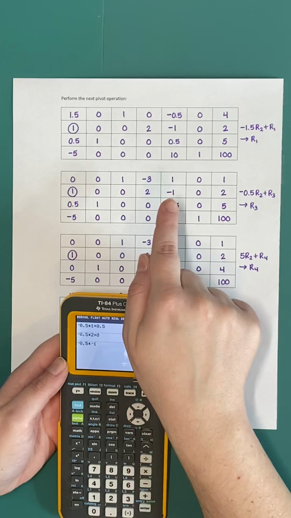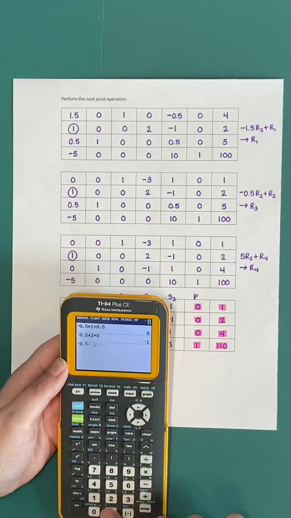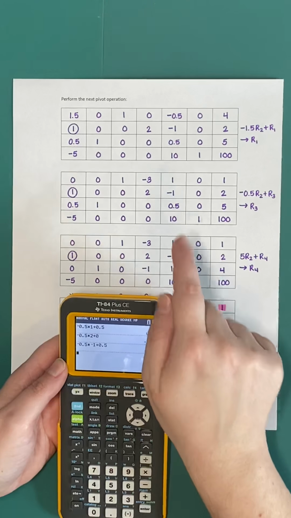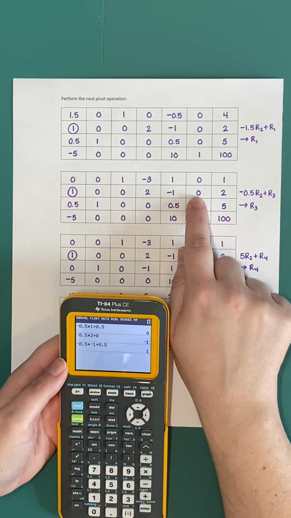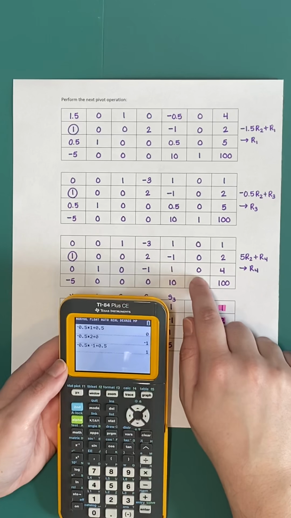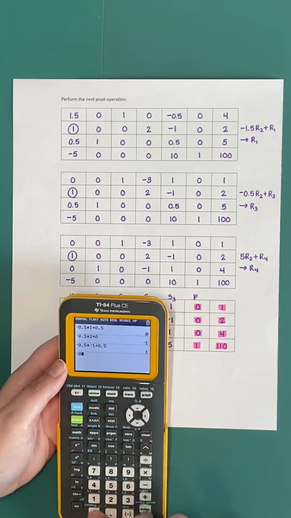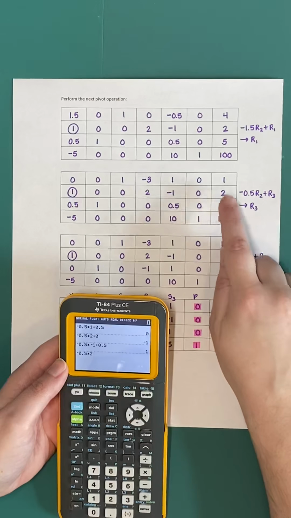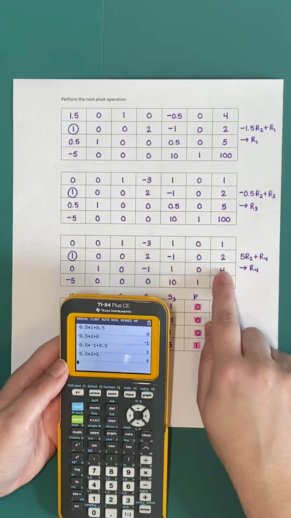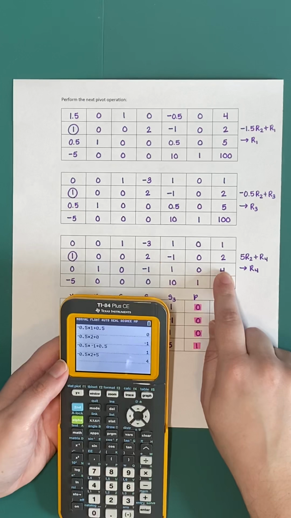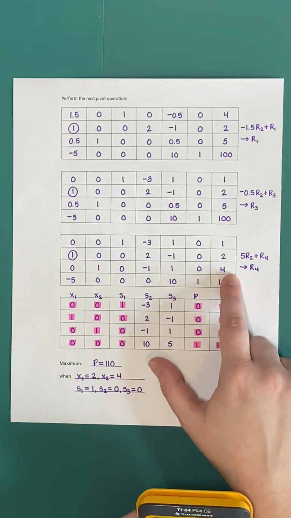Negative 0.5 times negative 1 plus 0.5 is going to give us a 1. Negative 0.5 times 0 is 0. Plus 0 is 0. So that one doesn't change. Negative 0.5 times 2 plus 5 is going to give us the 4. So row 3 is now replaced by the result of that particular sequence.